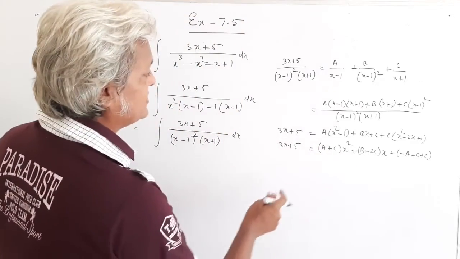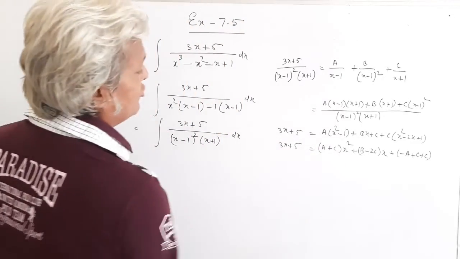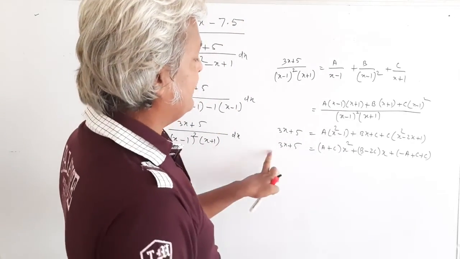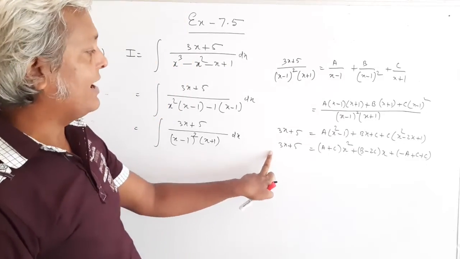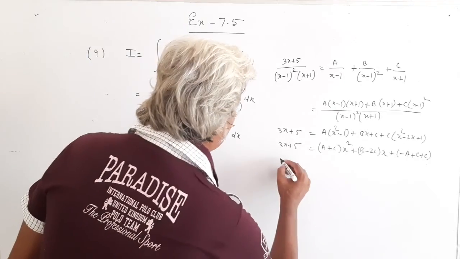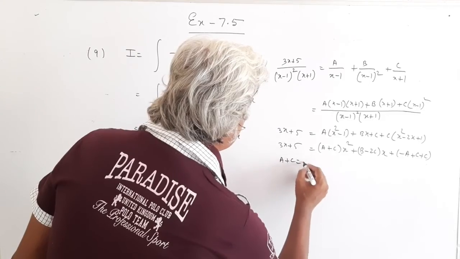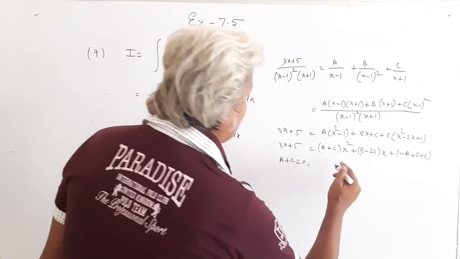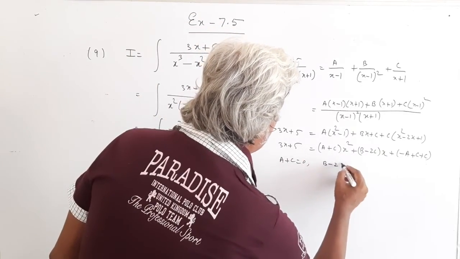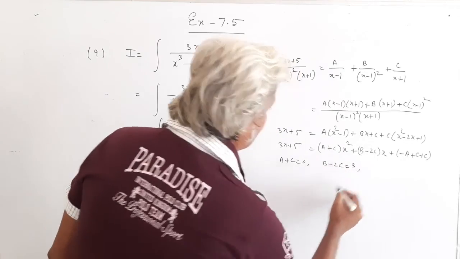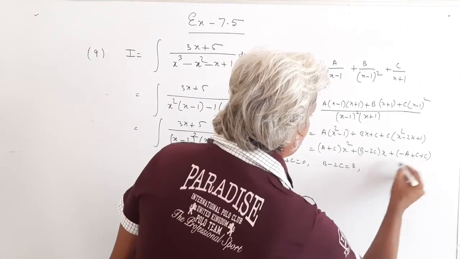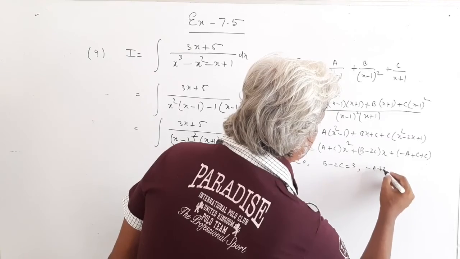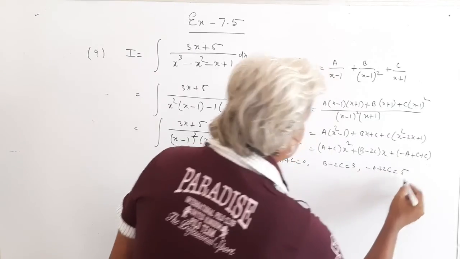Now compare the coefficients. The x square coefficient on the right hand side is a plus c, and on the left hand side there is no x square. It means a plus c is 0. Then b minus 2c is 3, and then minus a plus b plus c equals 5.